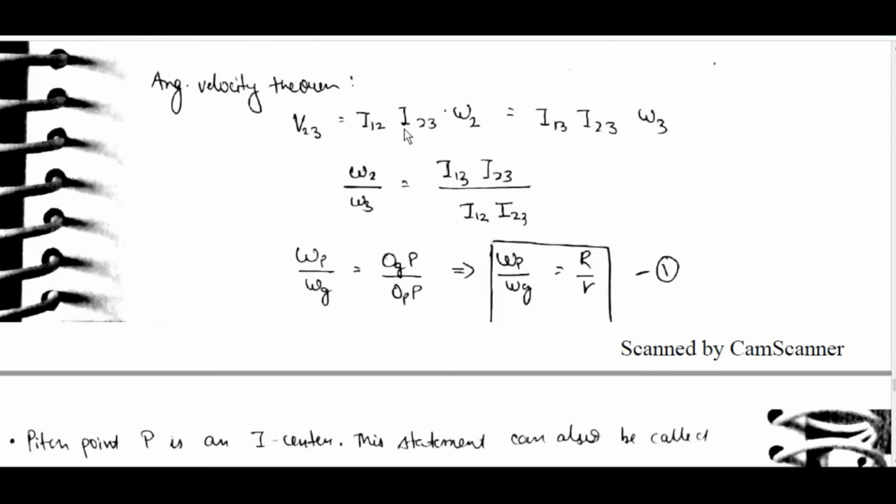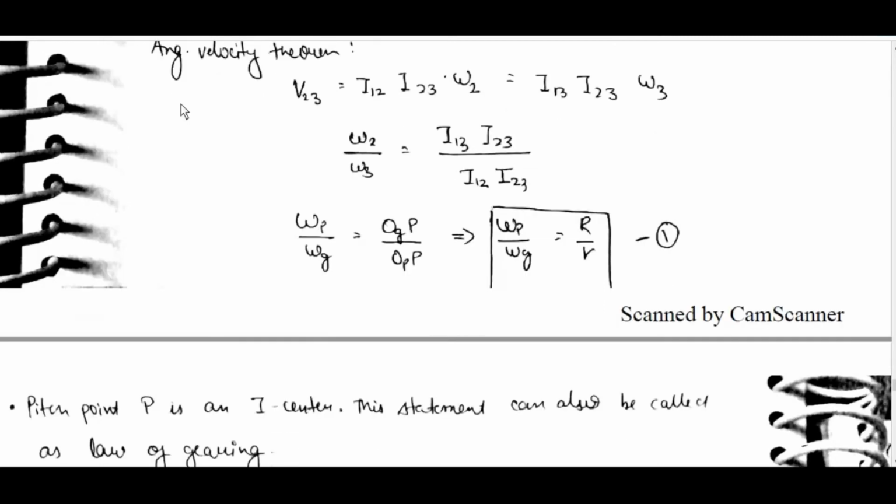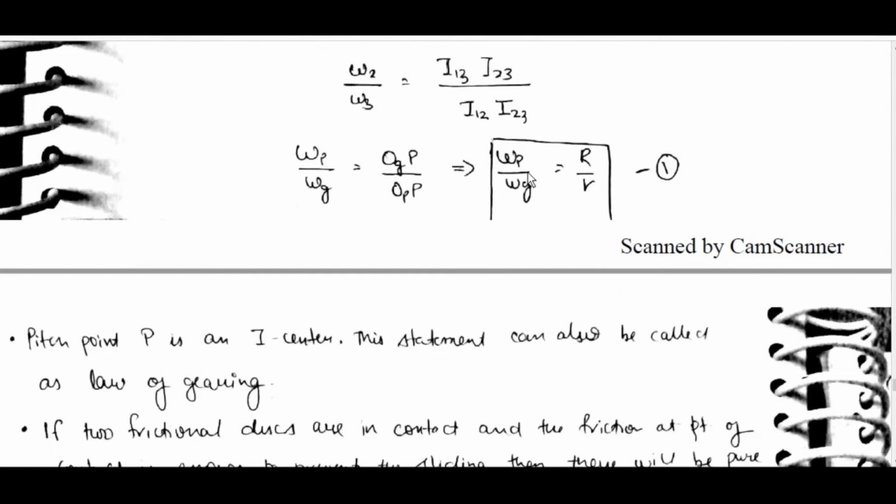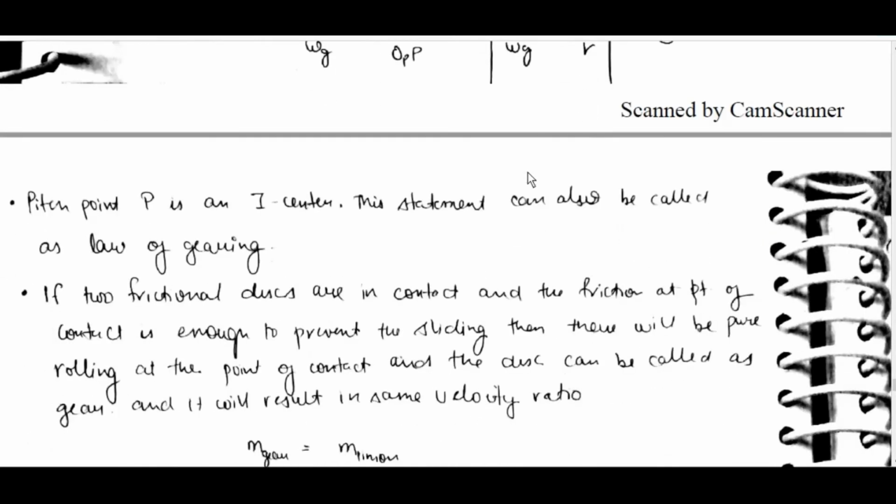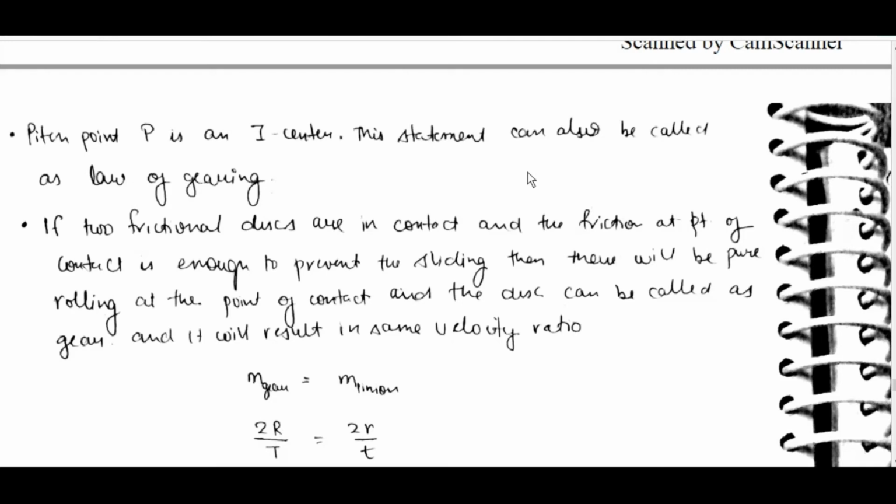Omega 2 by omega 3 is equal to I13 I23 by I12 I23. Omega pinion by omega gear is equal to OGP by OPP, which is equal to capital R by small r. Pitch point P is an I center. This statement can also be called the law of gearing.